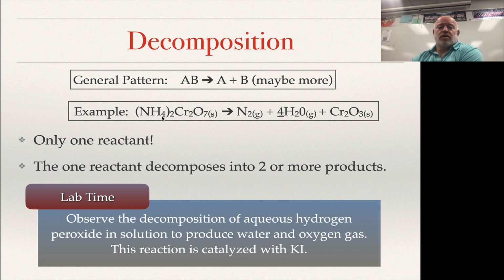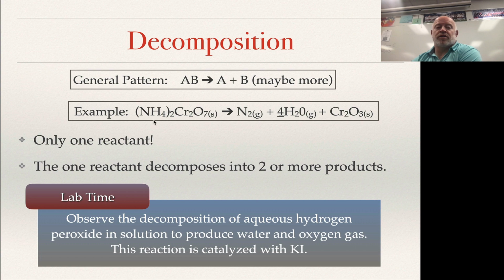So here's our example. We have ammonium dichromate. It's a really complex compound, and it has lots of different elements in it, but when it decomposes, it breaks down into nitrogen gas, some water, and some chromium oxide, okay? So we see that we get 1, 2, 3 different products. They're much smaller, less complex than this. One's an element, and 2 of them are also compounds, but they're still smaller things.